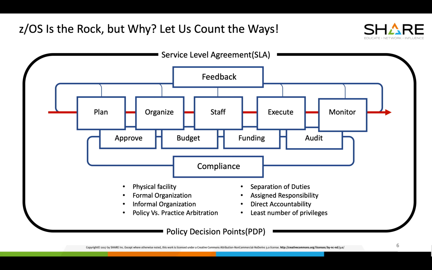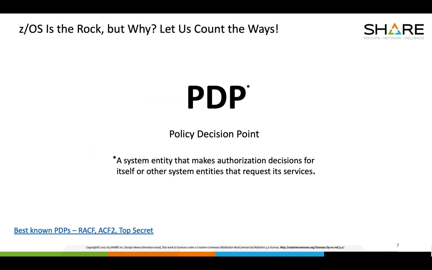What we implement in order to do that are what are referred to as policy decision points, PDPs. A policy decision point is a system entity that makes authorization decisions for itself and other system entities that request its service. The best known policy decision points are RACF, ACF2, and Top Secret. They are the external security managers.